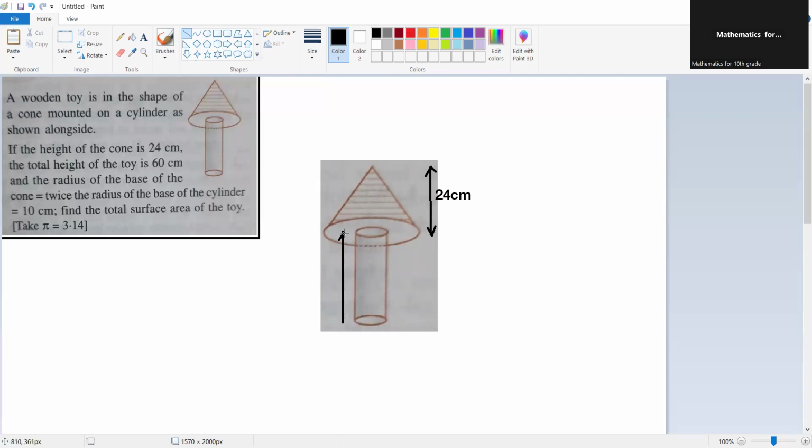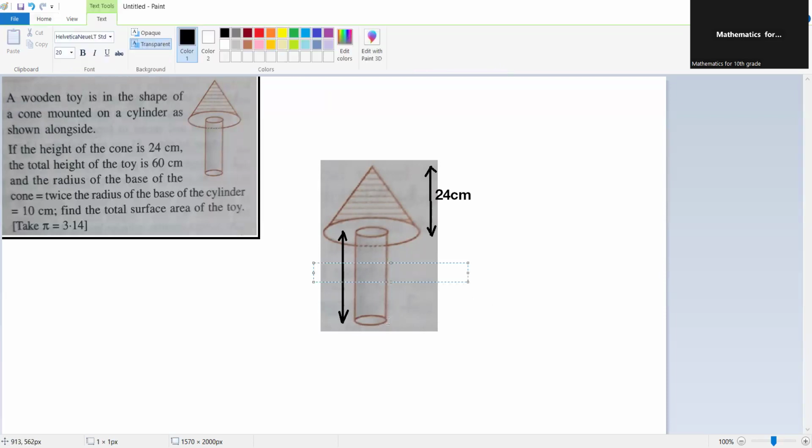It's always good to write the dimensions on the picture so it makes our thought process more clear. So the height of the cylinder is 36 centimeter. That's because the total height of the toy is 60. So 36 plus 24 is 60.